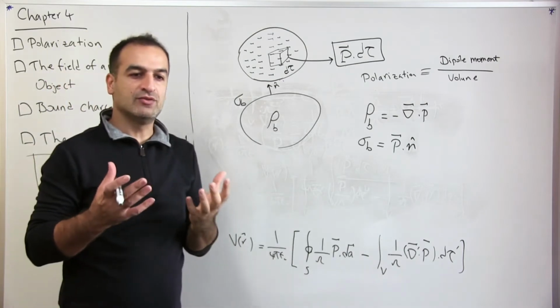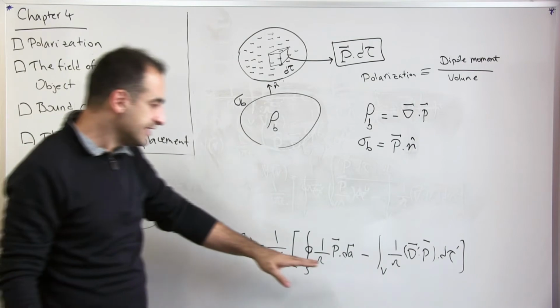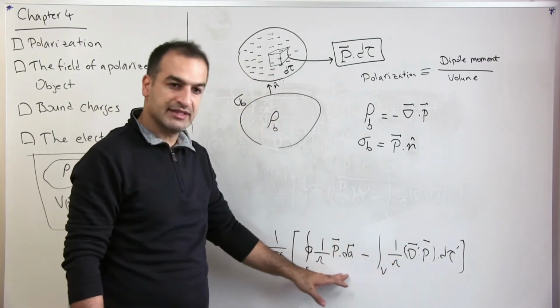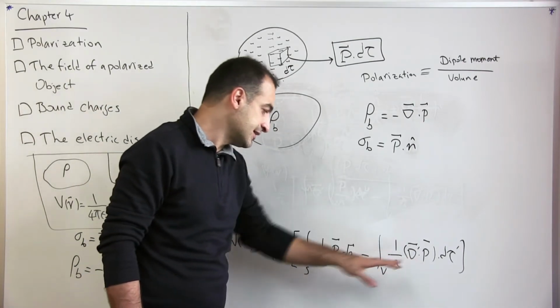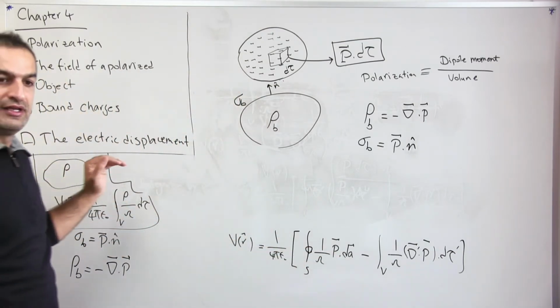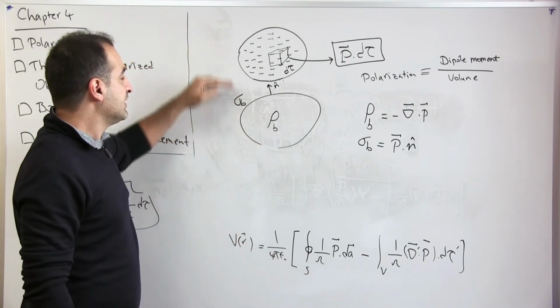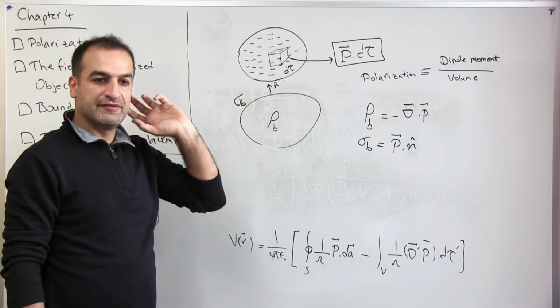So this is what we did through first some mathematical steps, and then we looked at the form of the integrals here, and we figured that these forms of the integrals are very similar to the surface and volume integrals when we calculate potential. So from here to here, it's hard to do from physical intuition.